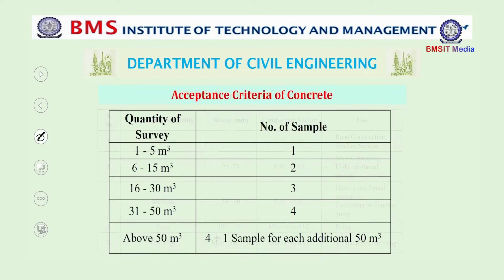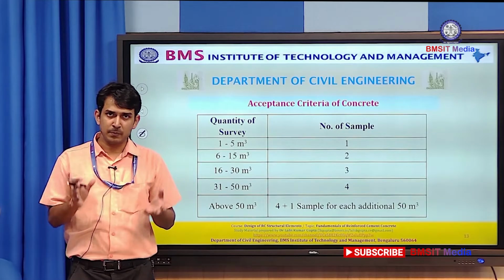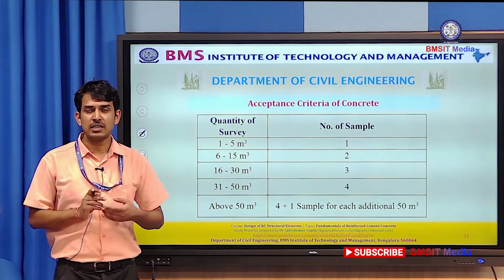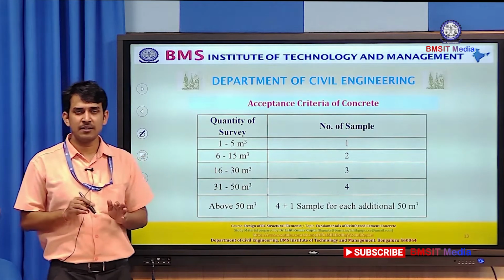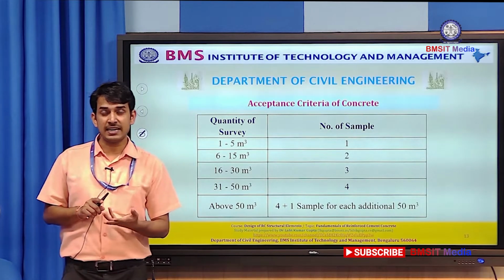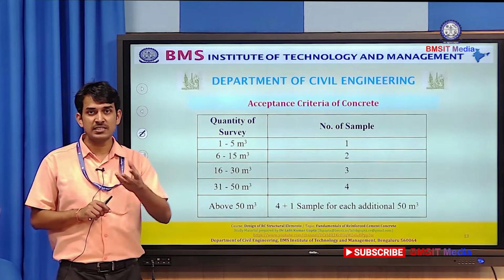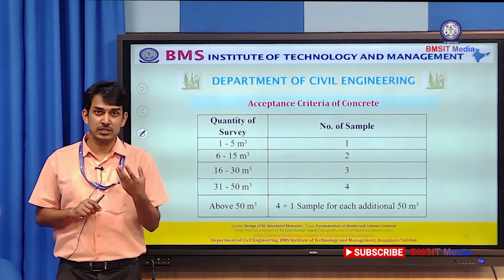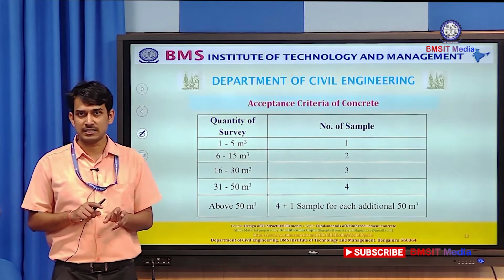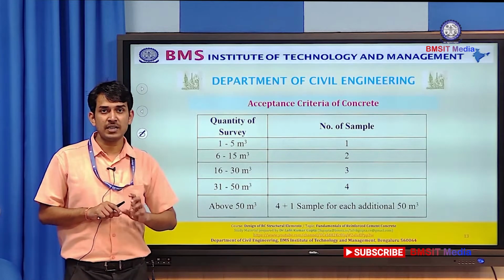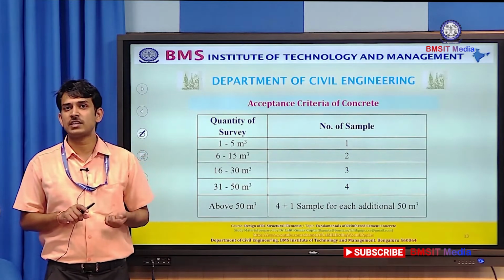Acceptance criteria of the concrete: when we are producing the concrete, we have to check the strength of that concrete, for whatever grade of concrete we are designing. So how many samples do we have to take? How many cube samples of 150 mm cube we have to cast depends on the quantity of concrete.